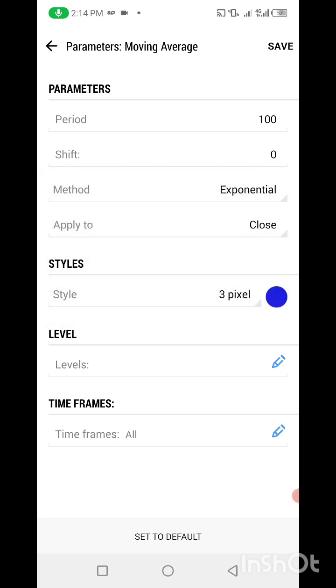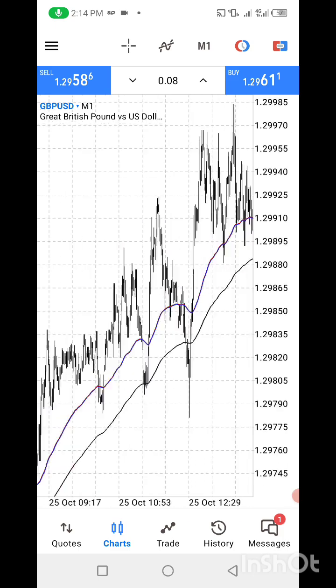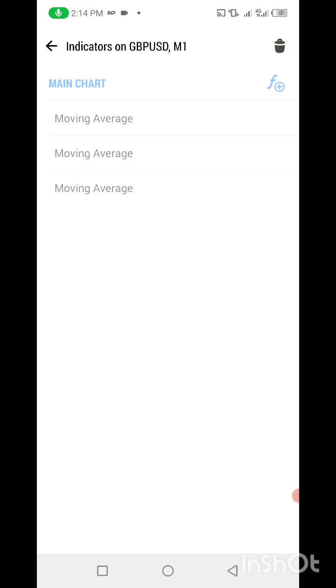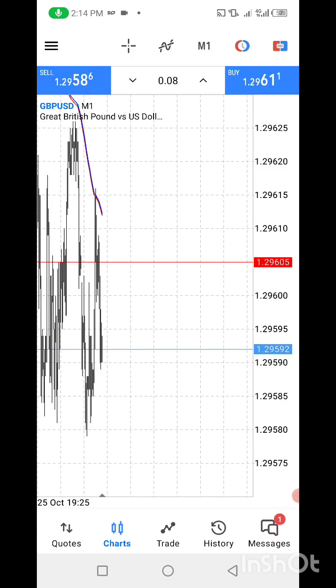Make sure you set them to exponential because that's the best. Other parameters are the way they are. You have to look at the colors. They have different colors. The red is moving average 50, the blue is moving average 100, and the black is moving average 200.